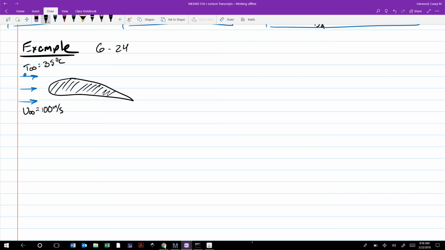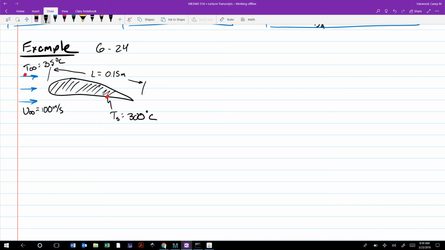Let's say that this thing has a length of 0.15 meters. That's basically defined from the nose to the tail. The entire surface of this thing is at some temperature, 300 degrees Celsius. So, for example, this might be a turbine blade that's being subjected to a cooling flow.